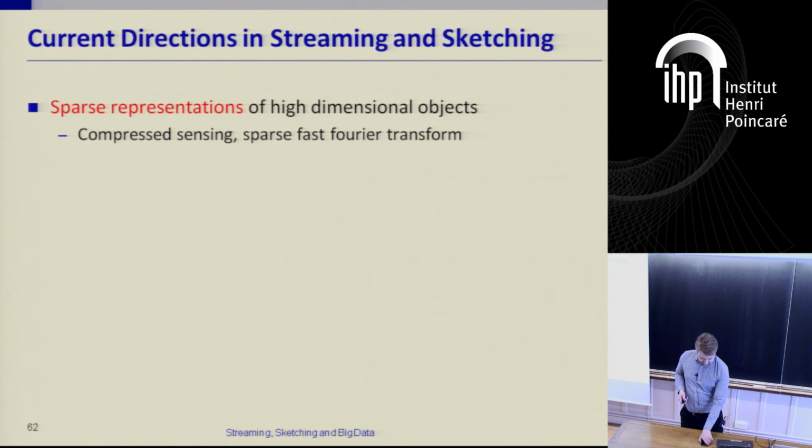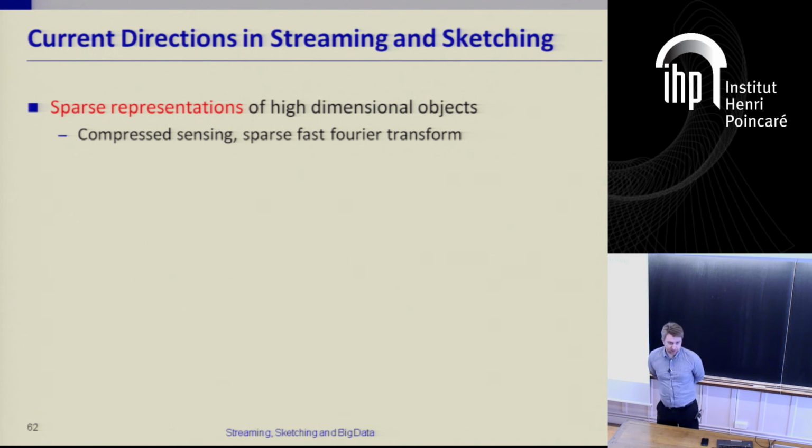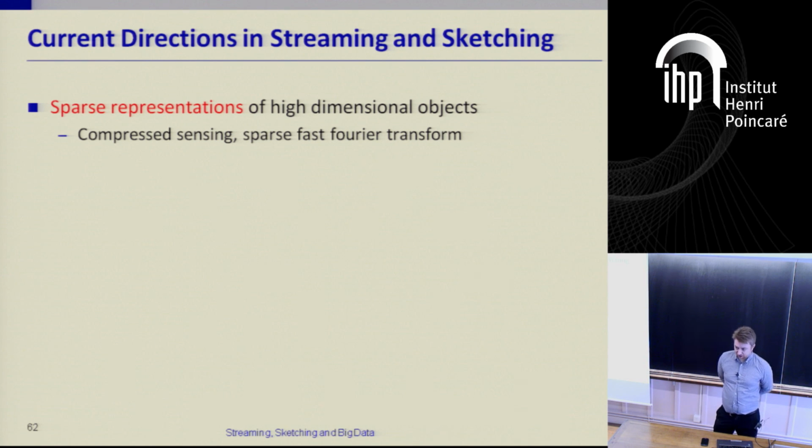So where is this world going now? We'll hear more of it over the course of this week and next week. But generally speaking, people are looking at how to extract sparse representations of high-dimensional objects. I alluded to compressed sensing a few times, and also work on sparse fast Fourier transforms.